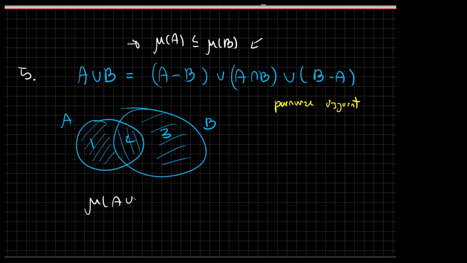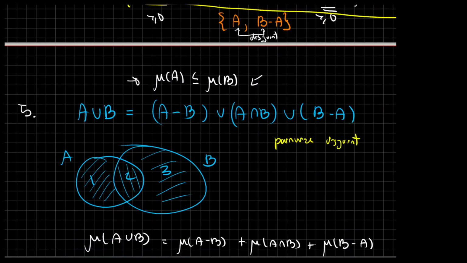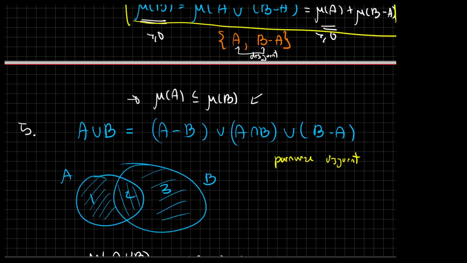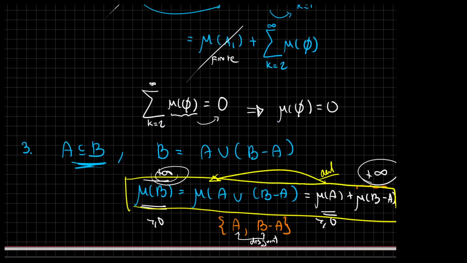By the second property, you know that this is equal to this plus the intersection plus this here. So now we need to work the cases.